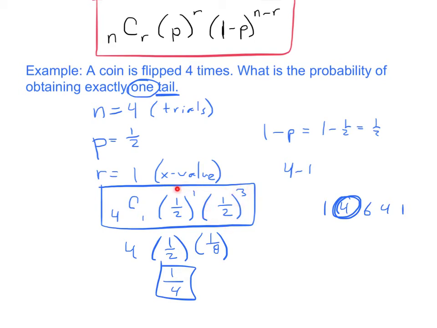And so what you're looking at is 1 tail times 3 heads times the number of different ways that could happen. Right? I mean, we could have had heads, heads, heads, tails. We could have had heads, heads, tails, heads, or heads, tails, heads, heads, or tails, heads, heads, heads. There were 4 different ways this could have happened, and so I'm multiplying the whole thing by 4. So that's sort of why and how the formula works.